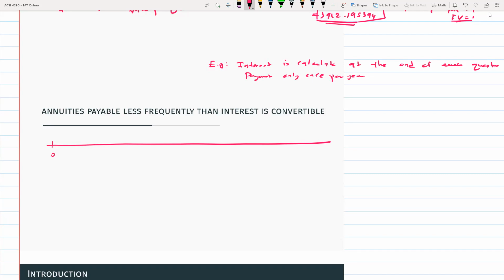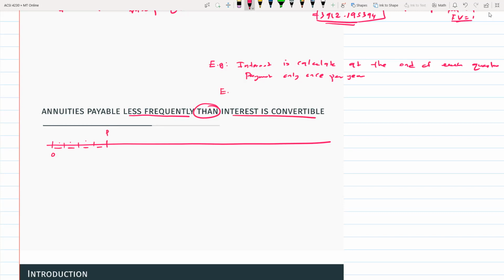So in this case, interest is calculated at the end of every quarter. So you have 1, 2, 3, 4, and then the payment is here. So all of this is where you get the interest, but payment is only once. So payment is less frequent than interest is convertible.